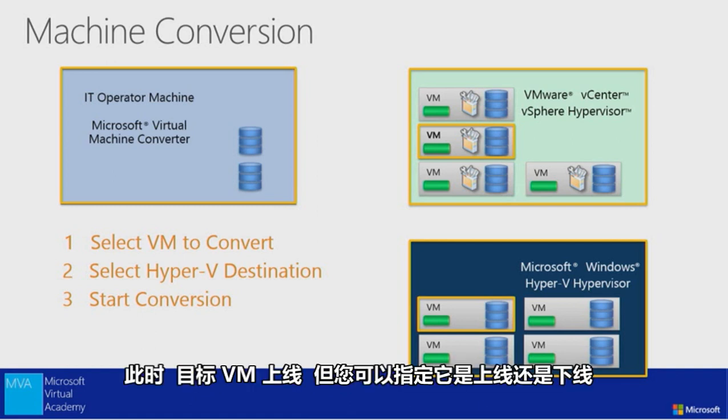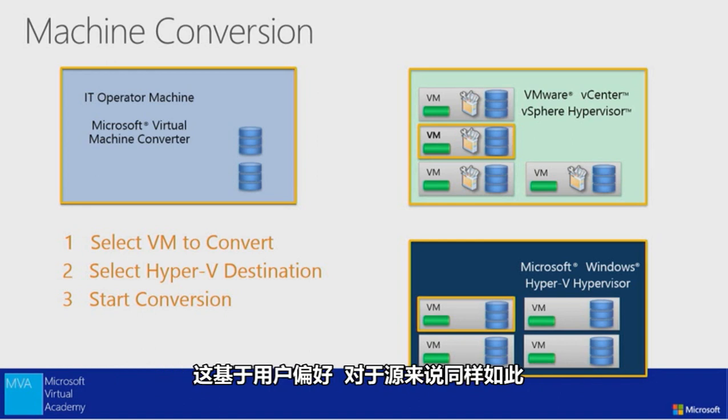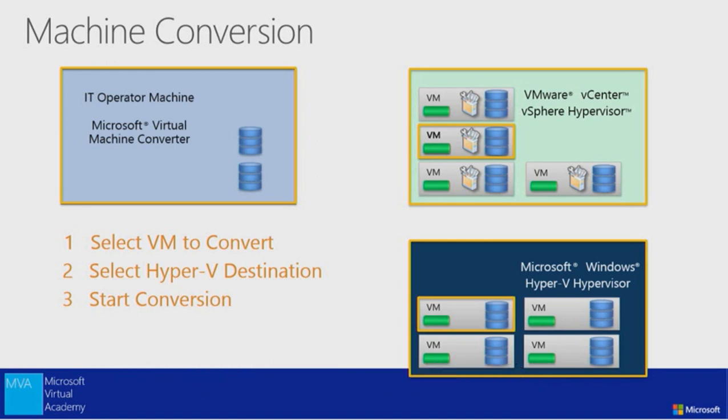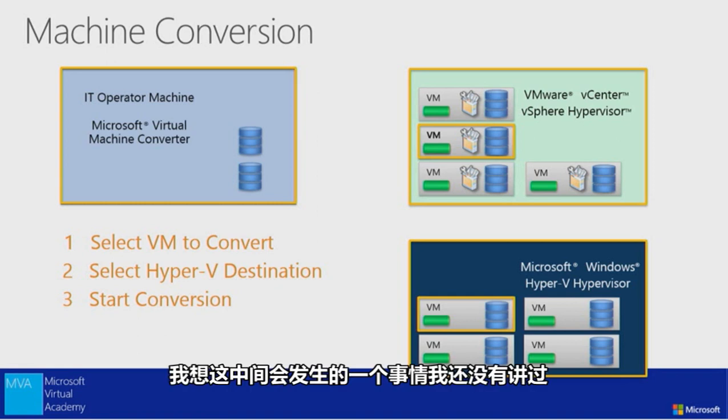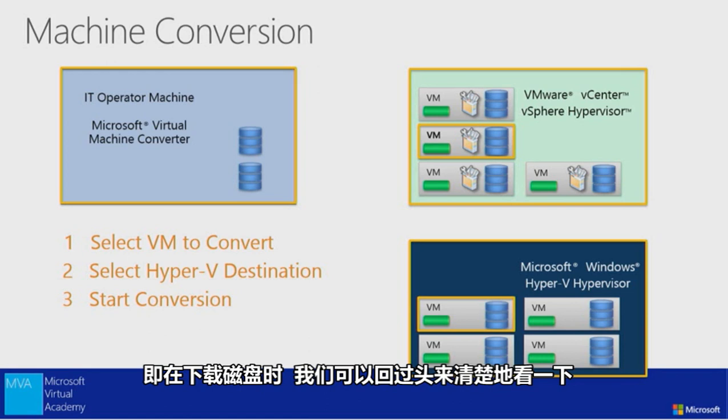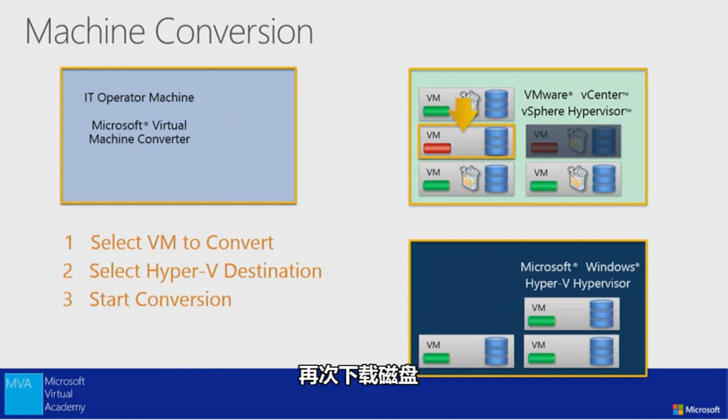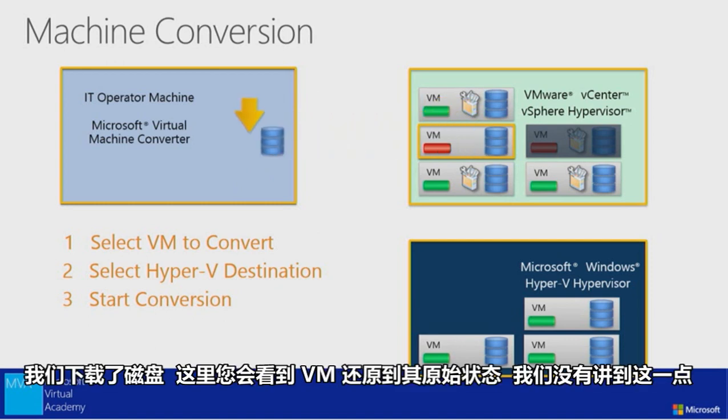At this point, the destination VM is on, but you could specify whether it is on or off. It's a user preference. Same for the source. And one of the things that I didn't talk about was what happens when you download the disks, so let's go back to that so you can see it clearer. We downloaded the disks, and what you will see here is that the VM is restored to its original state.